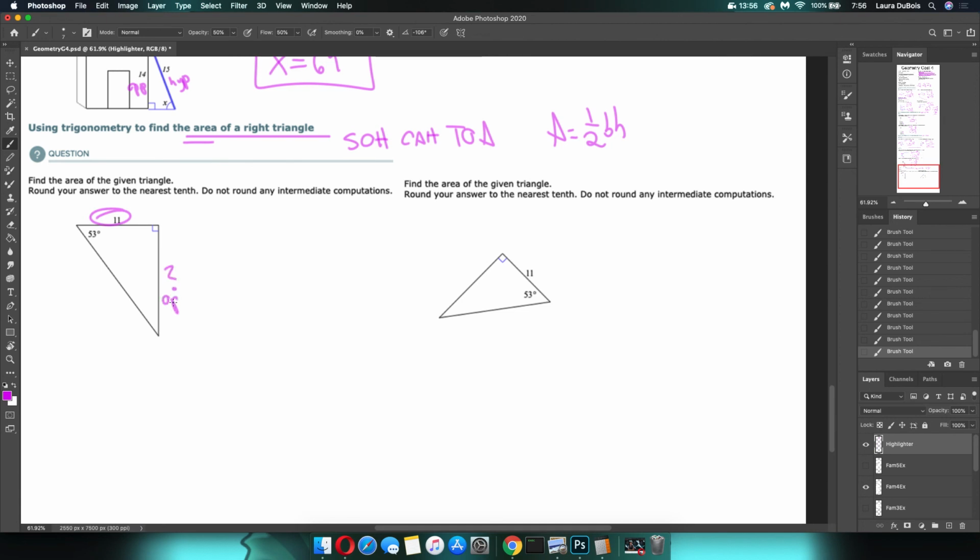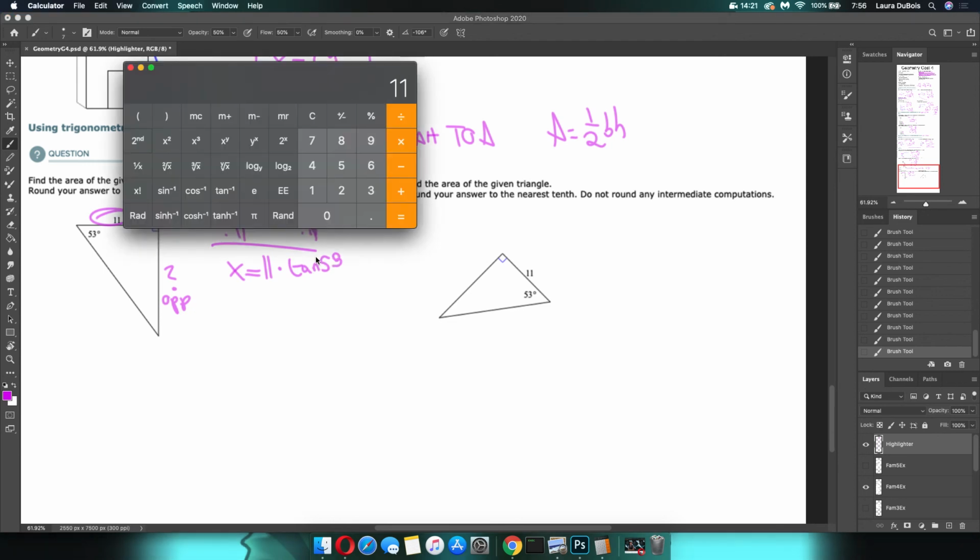That's the opposite, and then there's the adjacent, just like we were doing before. So this is tangent. Tan 53 equals opposite over adjacent, so x equals 11 times tangent 53.